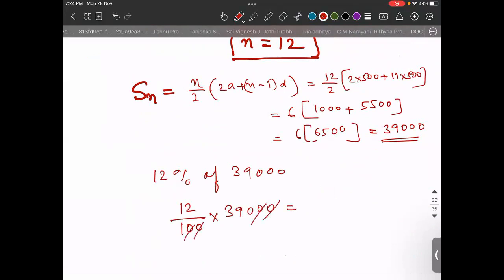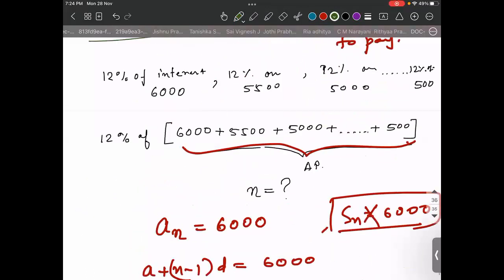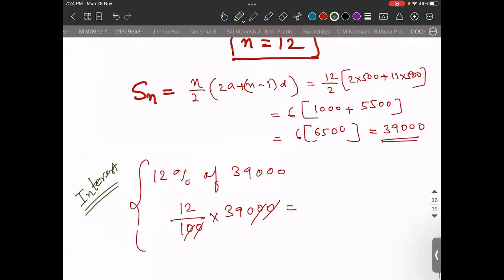This is the interest that he is paying, right? So this is the amount of interest he is paying, rupees this much, 4,680.